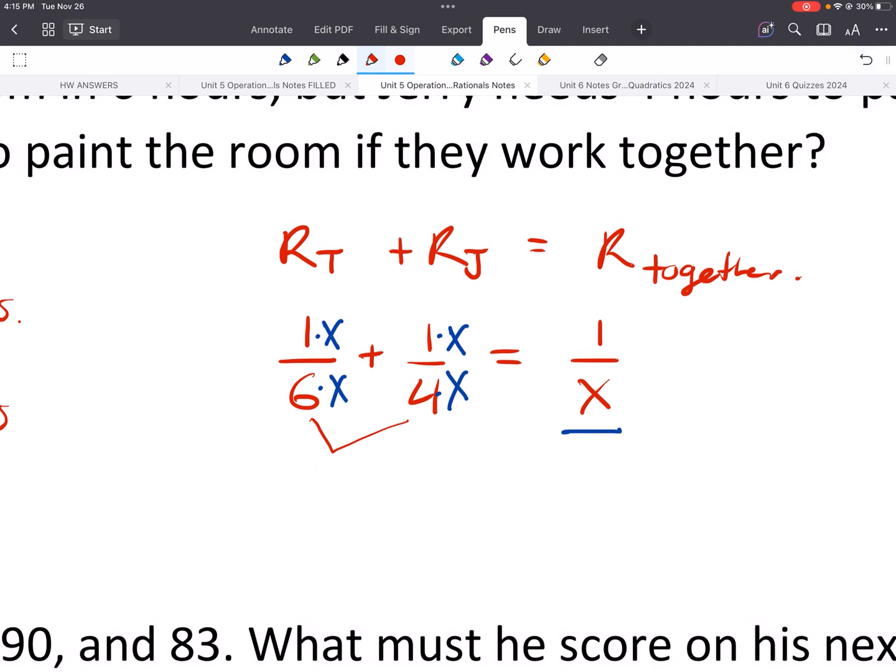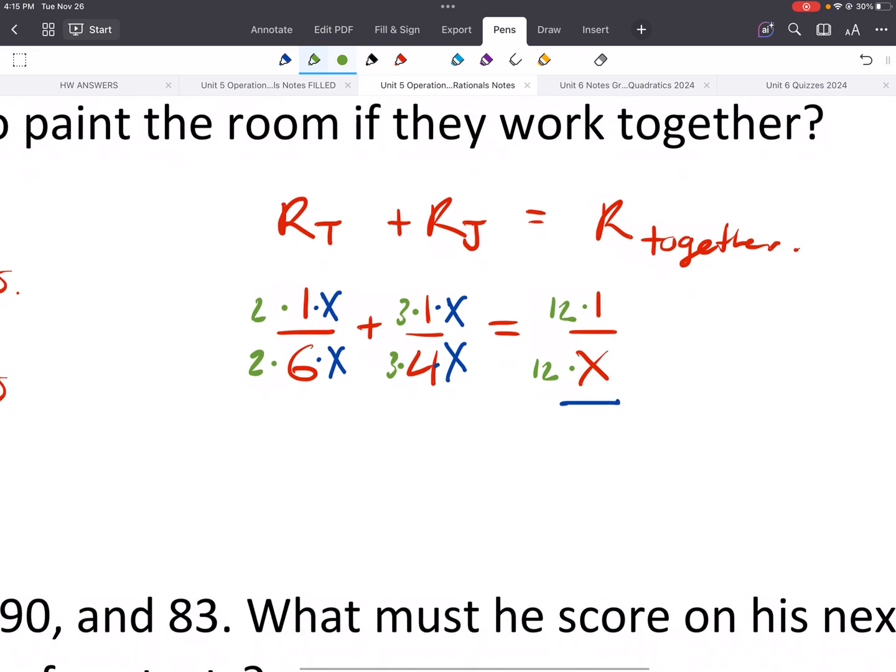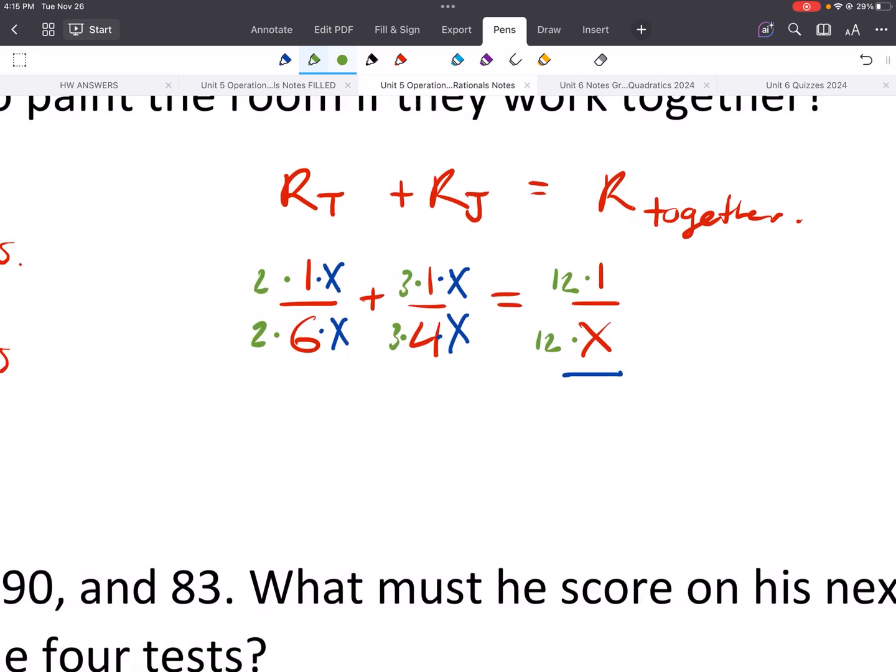So we can think about what we need to multiply to give us 12. So here we would need to multiply this by 2, top and bottom. We would need to multiply this by 3, top and bottom. And we'd have to multiply the right side by 12, top and bottom. Okay? So maybe I'll write this out.